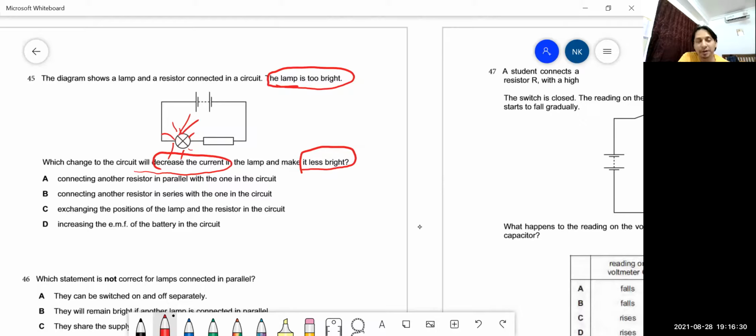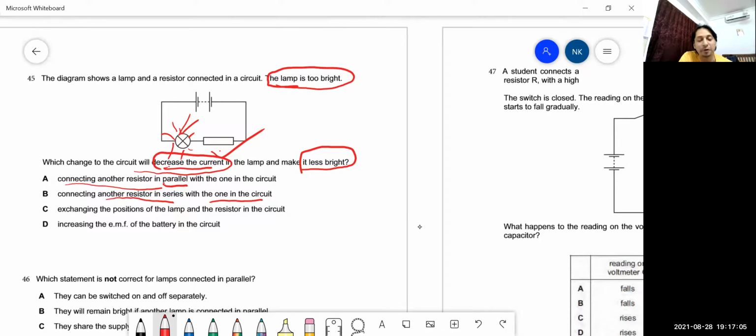You can decrease the current in any circuit if you connect... I have to go with the option, children. Let me read. Definitely you can reduce the current if you increase the resistance. How can you increase the resistance? Now see, read the option. Connecting another resistance in parallel. If you connect a resistor in parallel, it will reduce the resistance, and if resistance reduces, current will increase. But we want a decrease in current, children, if you pay attention to this part. Connecting another resistor in series with the one in the circuit.